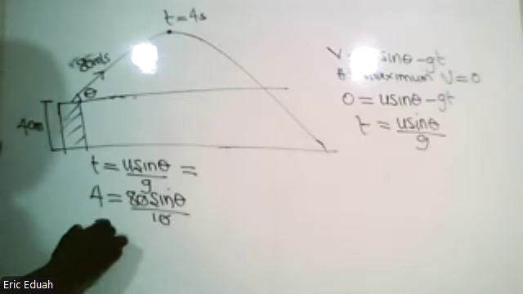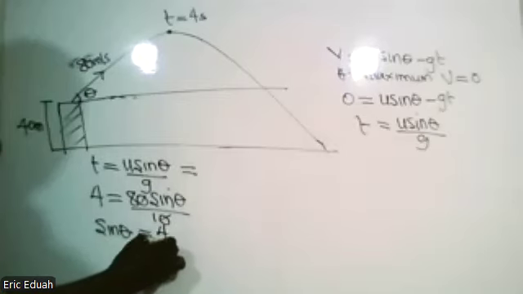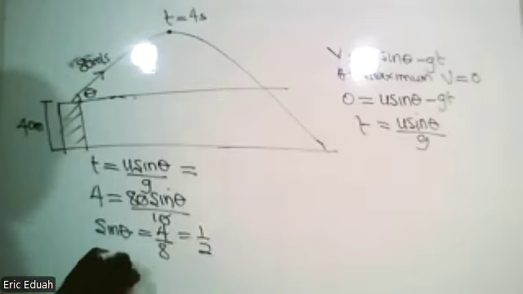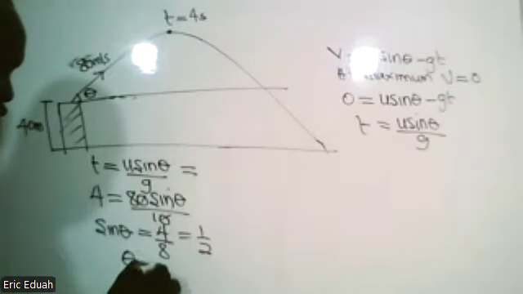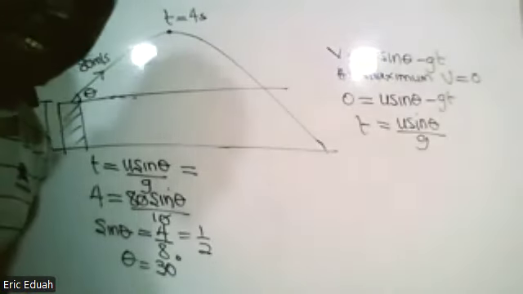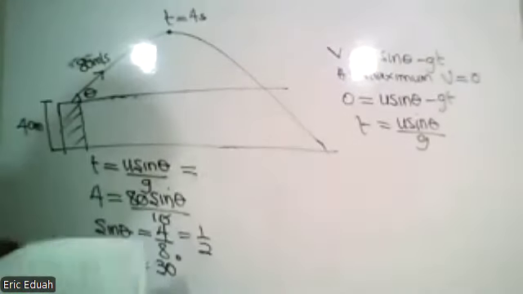So sine theta will be equal to 4/8, which is half. If sine theta is equal to half, then theta is equal to 30 degrees. So this is the answer for theta.